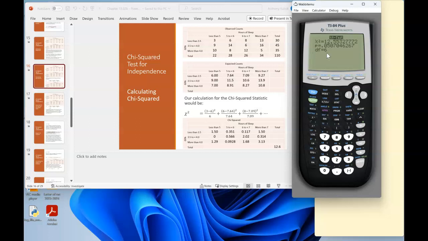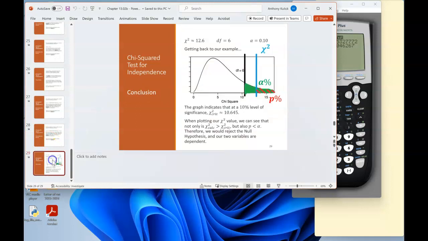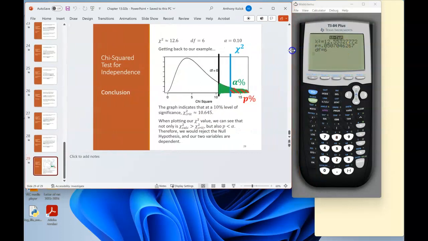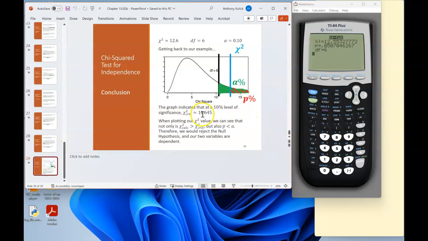So there it is, and that matches the chi-squared and p-value we reported here, right? Oh, yeah, the 12.6 there.